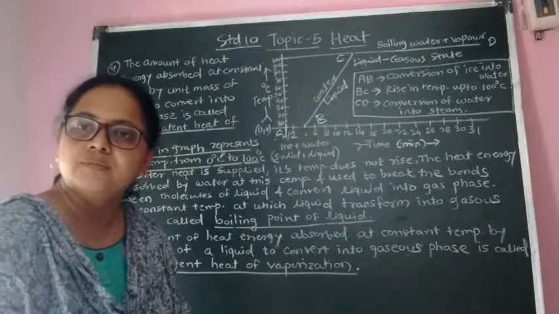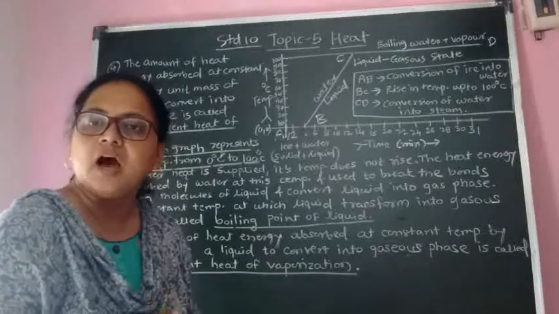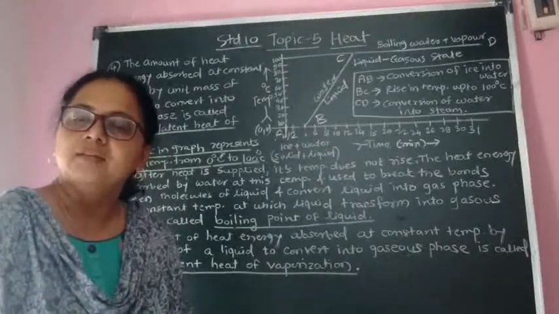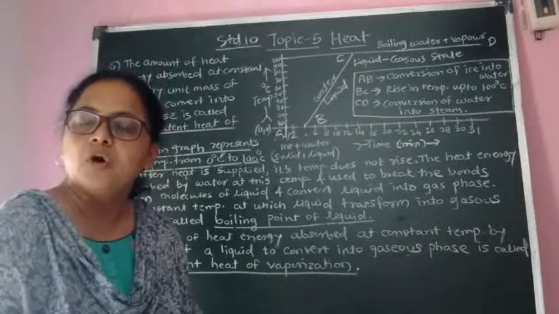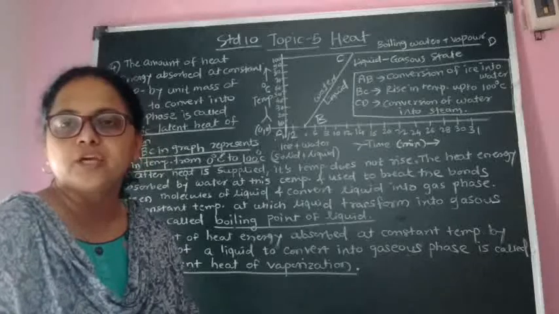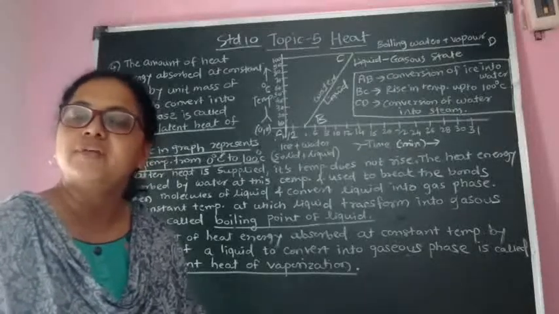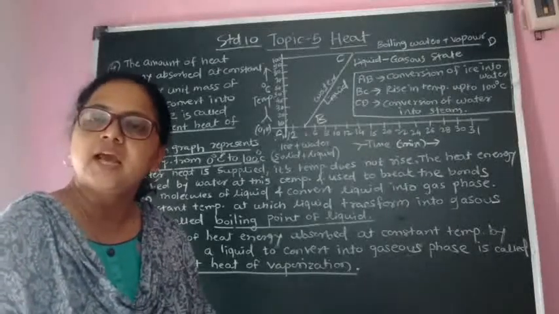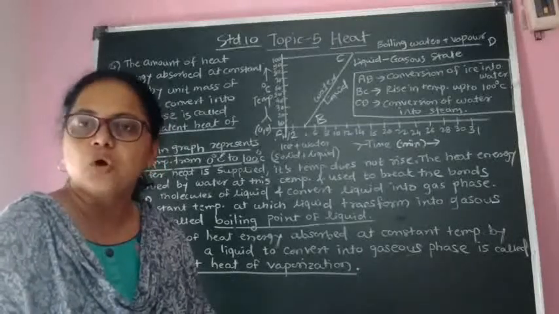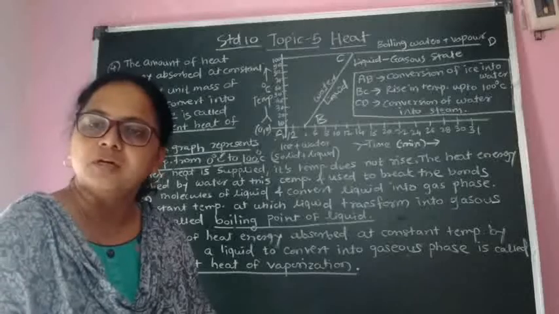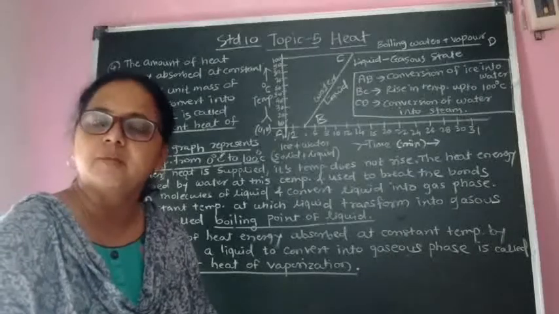This is because further heating after 100 degrees Celsius, this heat energy is used by the liquid molecules to break the bond between them. Each and every substance is made up of atoms and molecules. So in the water, H2O molecules are present.